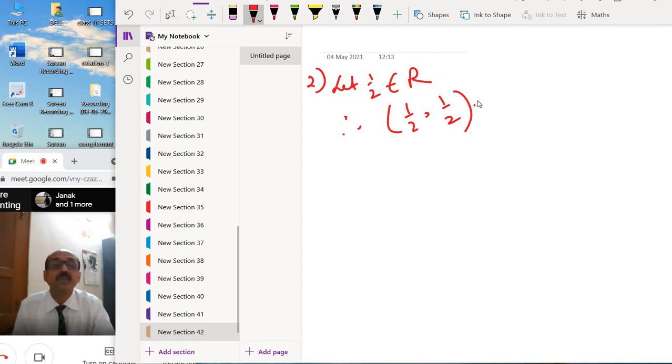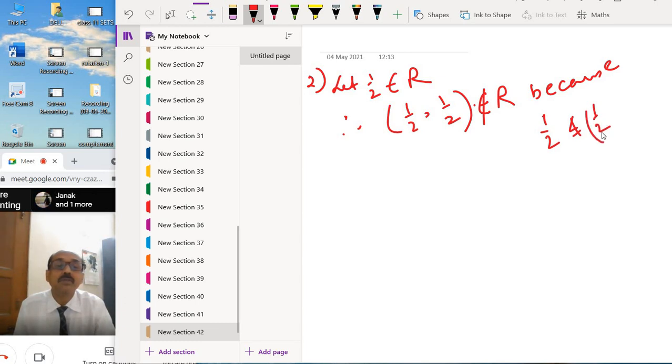Because the condition is not satisfied. 1 by 2 less than or equal to 1 by 2 whole square is not possible. 1 by 2 is not less than or equal to 1 by 2 whole square.